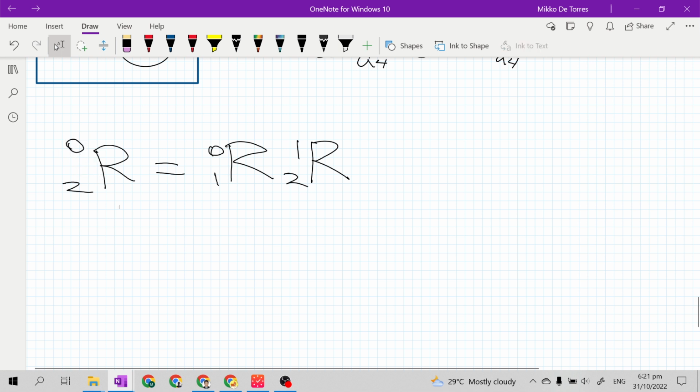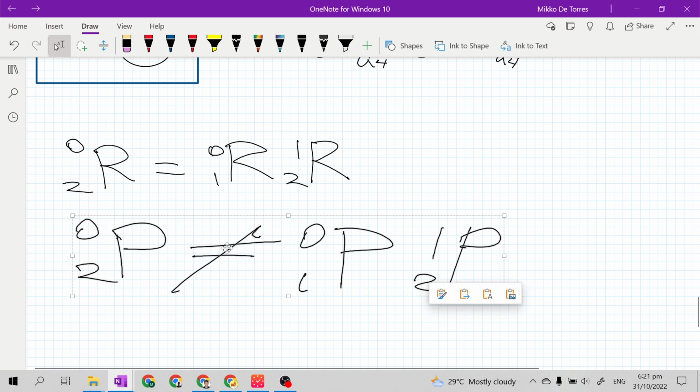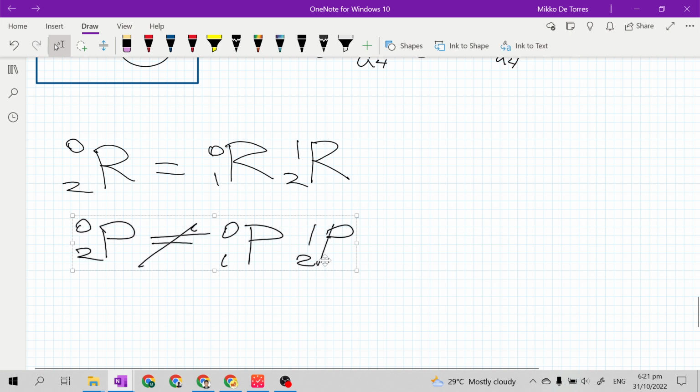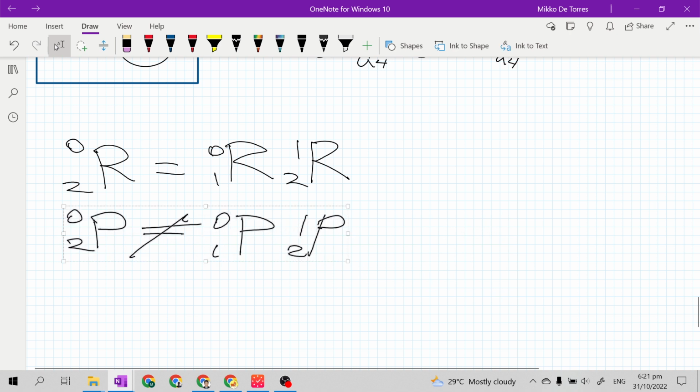But with position vectors, we are unable to combine P01 and P12 using multiplication.